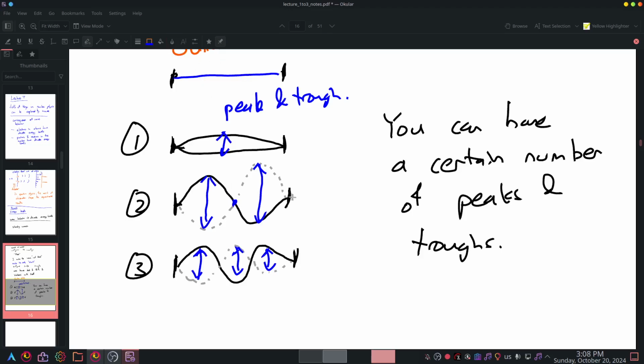So these things I'm coloring for you now are called nodes, where the amplitude is 0. The nodes are at the side, the end of the wave, and all these peaks and troughs are called antinodes.